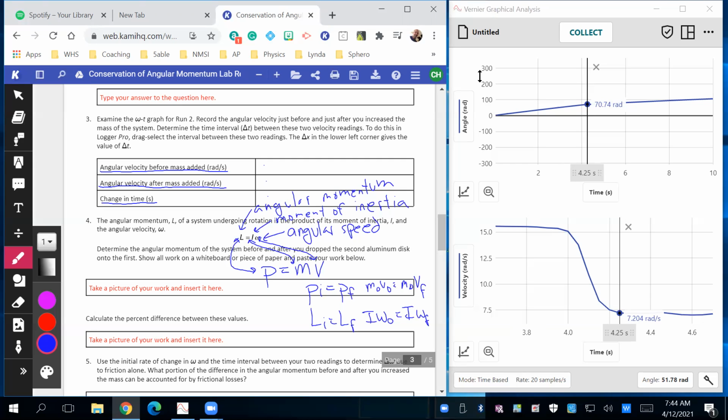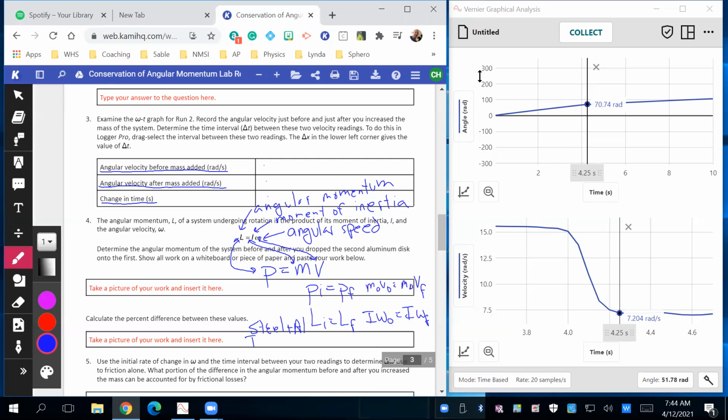If I have a collision, then I need to add all of my angular momenta. So if I have a steel disc, and I add that to an aluminum disc, I have to figure out, do I conserve momentum?